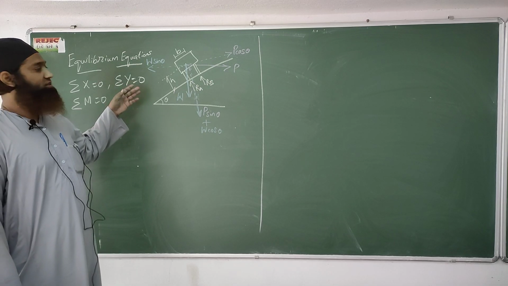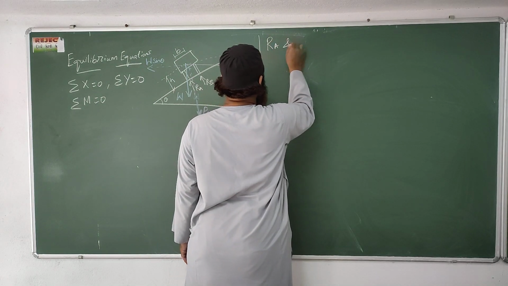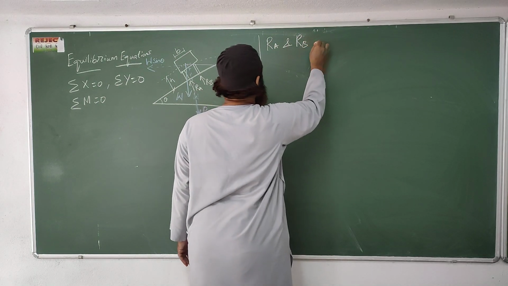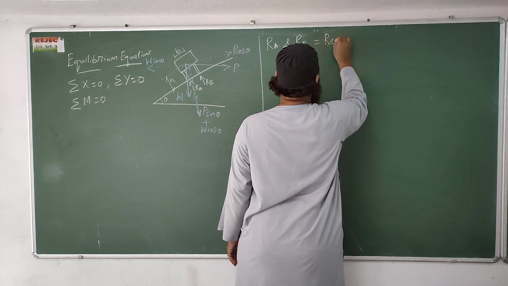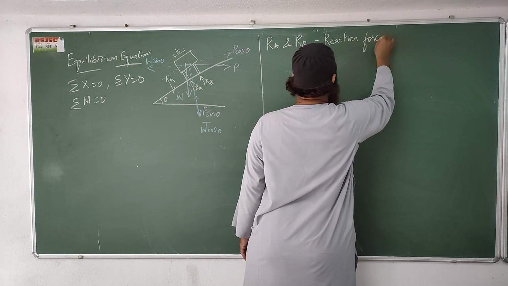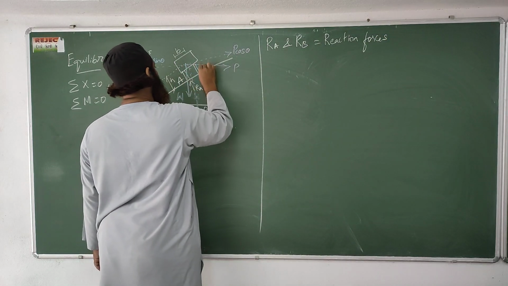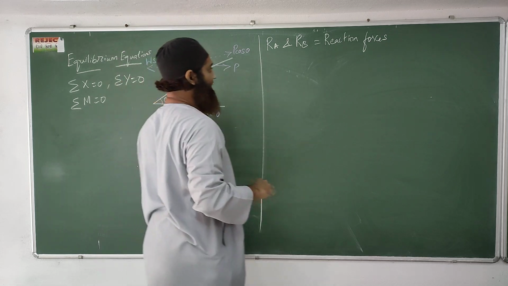I'll just specify what the different forces here are: RA and RB are the reaction forces, let this be A tire and this be B tire. Please be clear here.